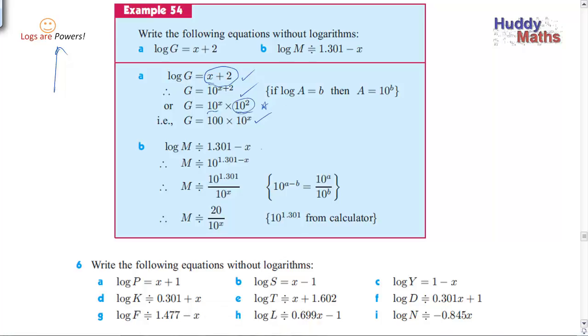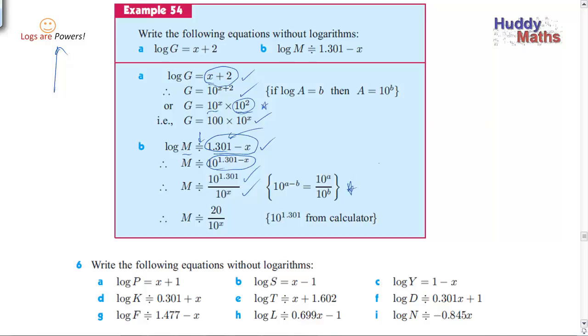Log of m is approximately 1.301. Why is it approximately, that sign there? Because this has been rounded off to 3 decimal places. So if log of m is this, it must be a power of 10. So you can say m is 10 to the 1.301 take x. And therefore that means it's 10 to the 1.301 divided by 10 to the x.